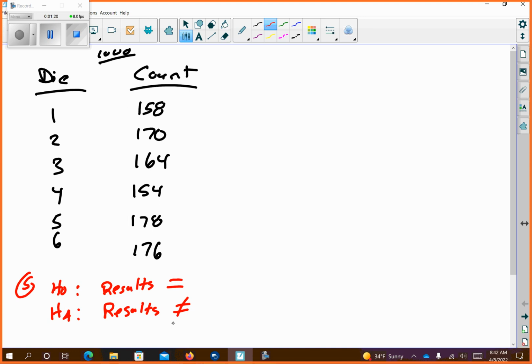And then, if we do the expected value, that means that you have a 1 in 6 probability. So if you were to do 1/6 of 1,000, you should see these as your results.